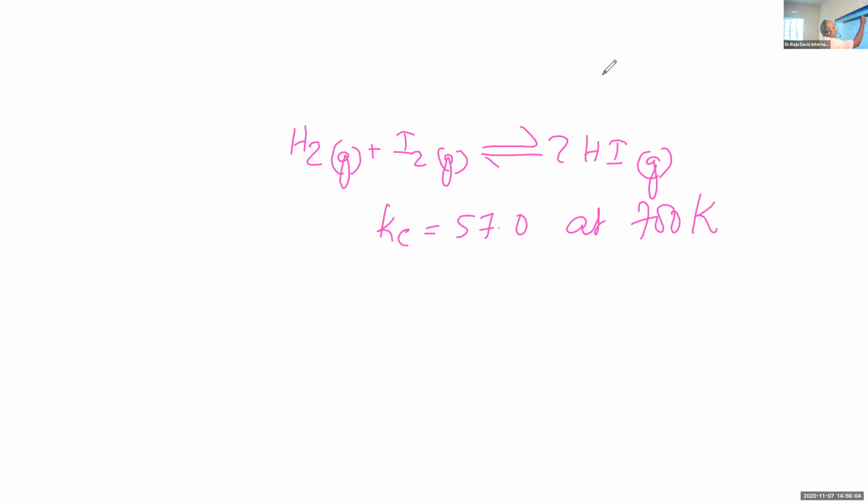Okay. Now let us see the relation between Gibbs energy and equilibrium constant K. I have taken K as Kc or Kp, whatever it is. So, the Gibbs energy and equilibrium constant relation.